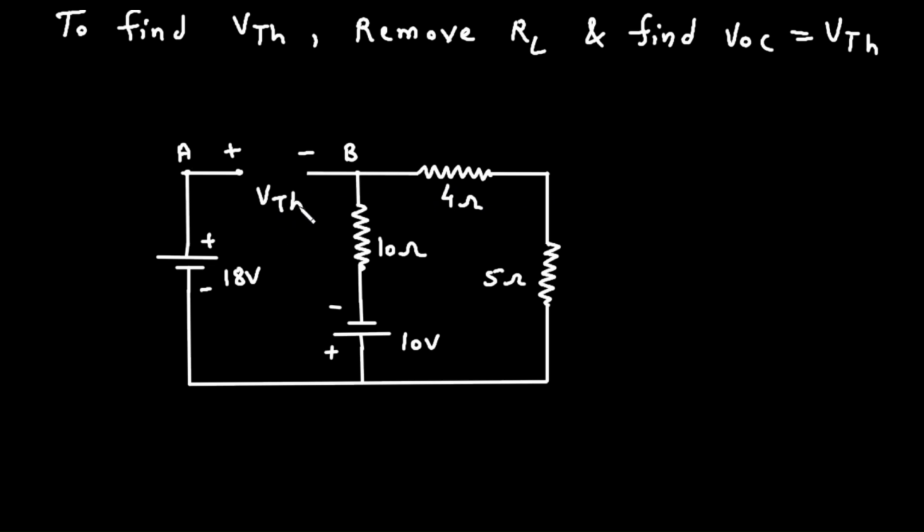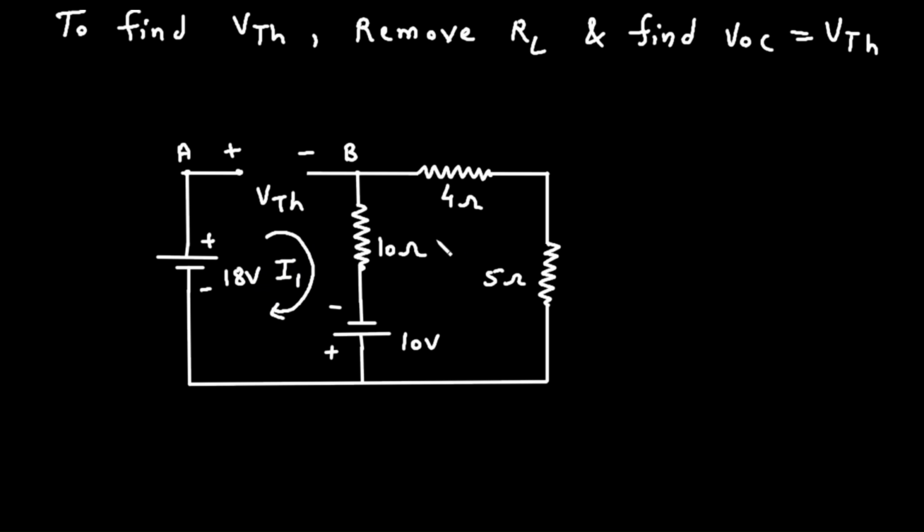So here we can see VTH is equal to VA minus VB. First we will find this current, then we will apply KVL to this loop. Let's say this is loop number 1 with current I1. We need the value of the current through this 10 ohm resistance to apply KVL in loop number 1.